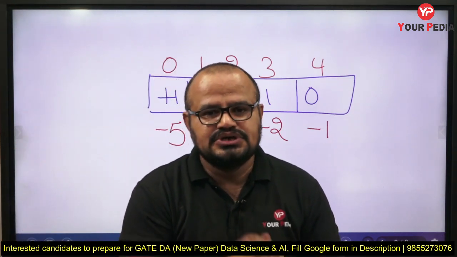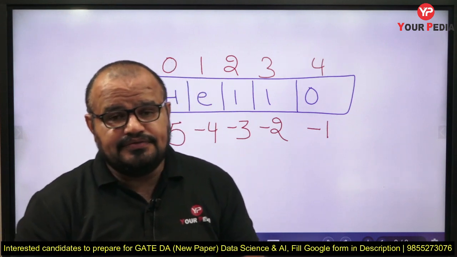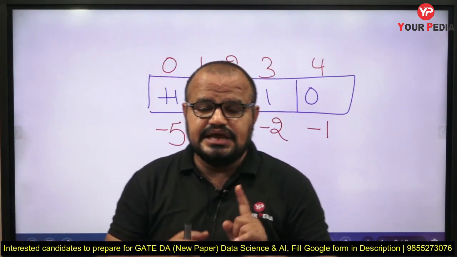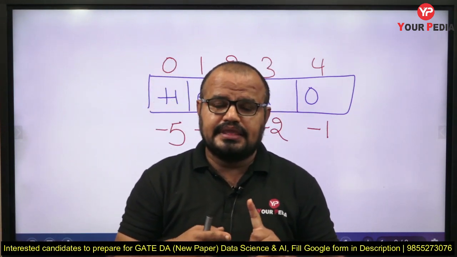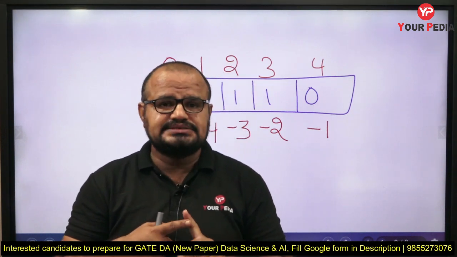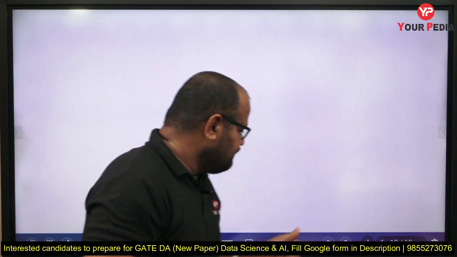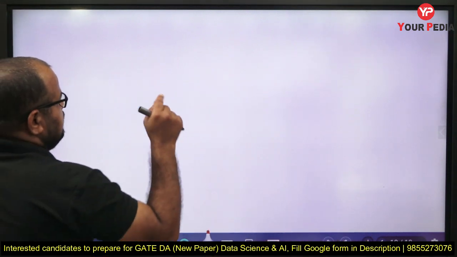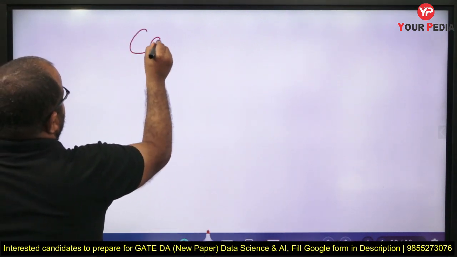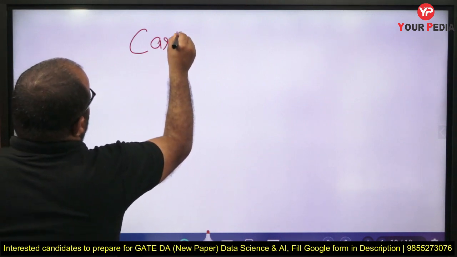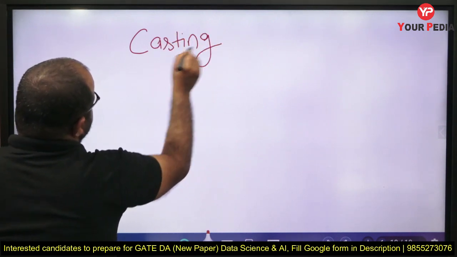Fine, my dear students. So the point is, today we just discussed int, float and then string, complex and some part of the string. I want to add a few points. Yesterday also I discussed the concept of casting.